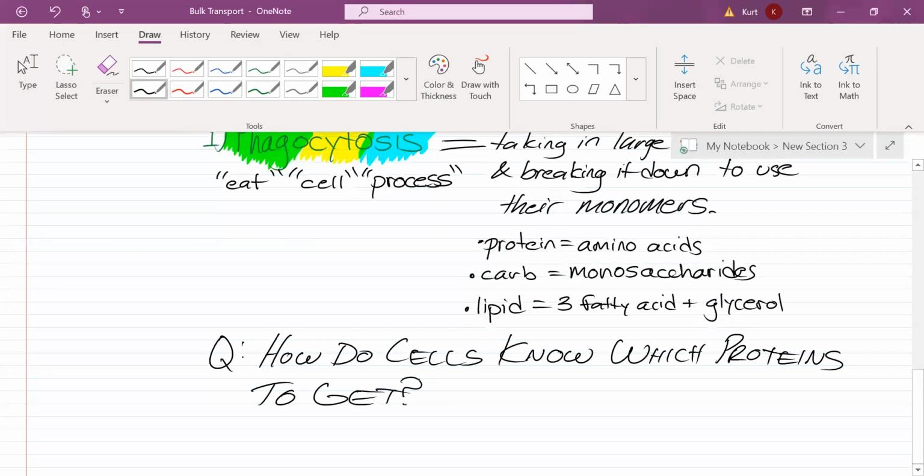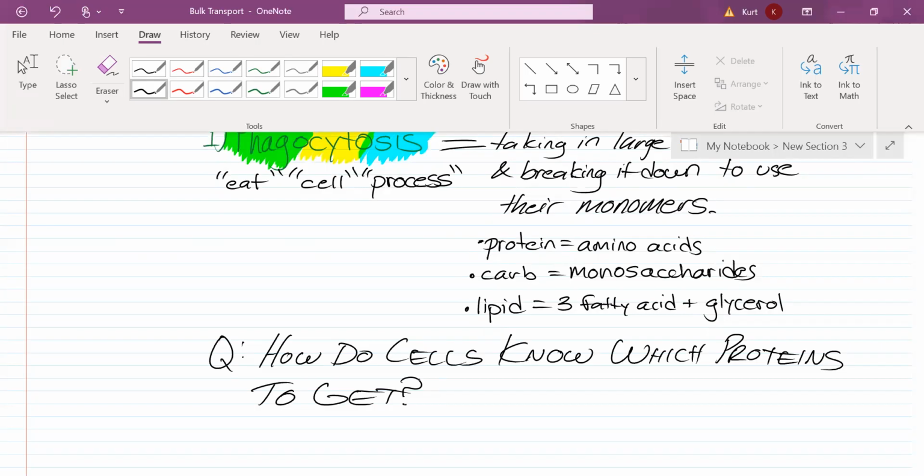Okay, so you got a cell. There's some proteins in its external environment. How does the cell know which proteins it needs and which proteins it does not need? How is it able to differentiate things in the extracellular space that it needs and can bring into the cell versus things it doesn't need and wants to keep out? What is on a cell's surface that helps it to tell things apart?